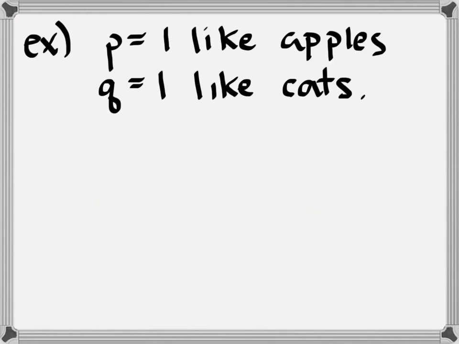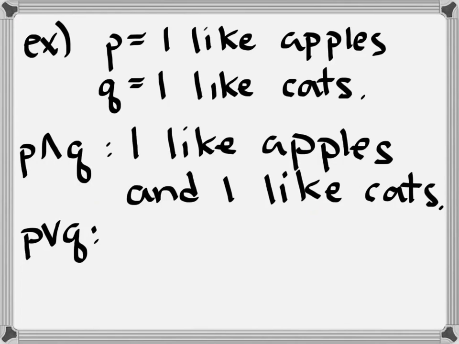Alright, so let's put these into practice. I have 2 phrases. P is going to be the phrase "I like apples," and Q will be the phrase "I like cats." If I wanted to write down the phrase "I like apples and I like cats," well, I have P representing the phrase "I like apples," we have the upside down V symbol for "and," and then Q represents "I like cats."